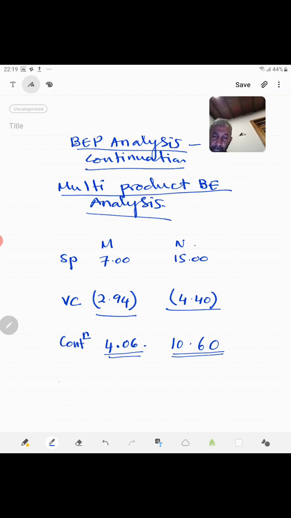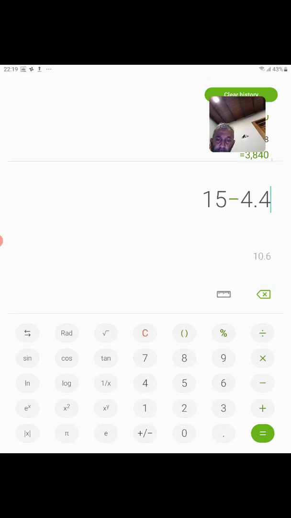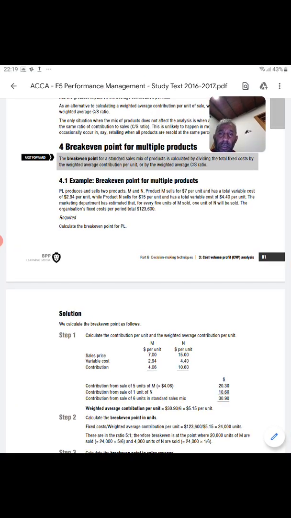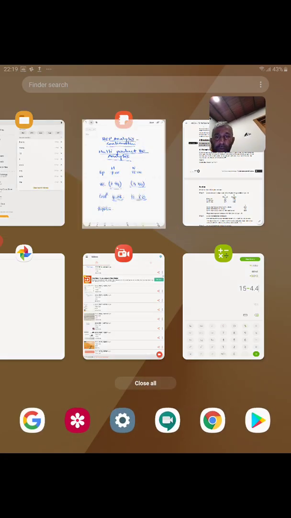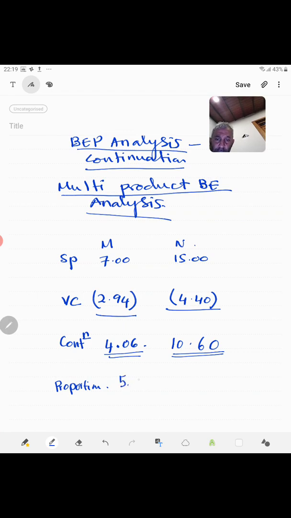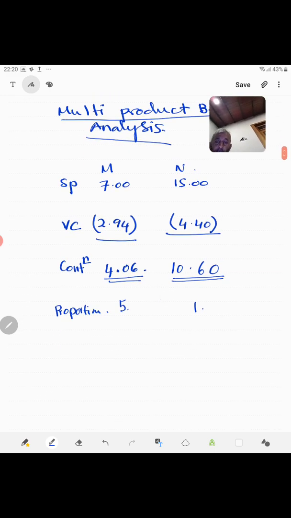The question has also given us the proportion of the units when we are selling these two products together. Every time I'm selling 5 units of M, I will be selling 1 unit of N. So now let me calculate the total contribution for each proportion.